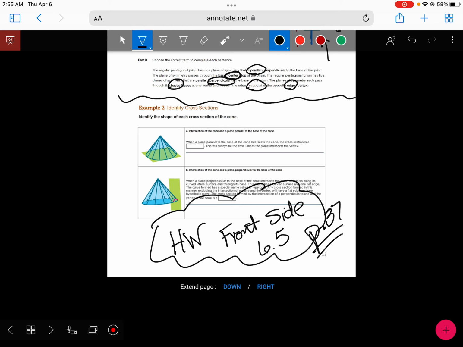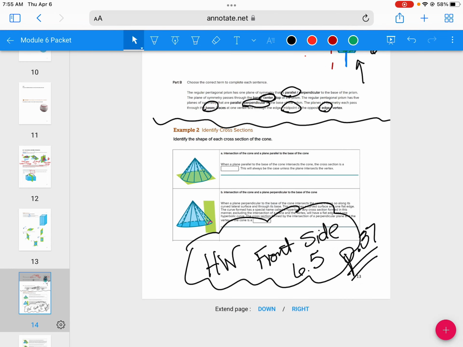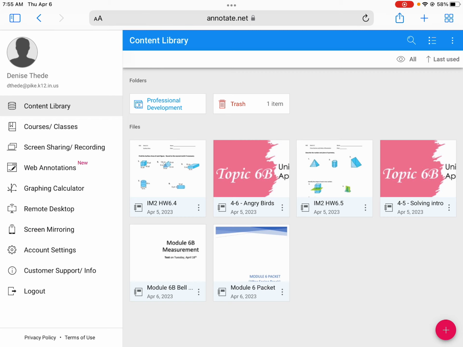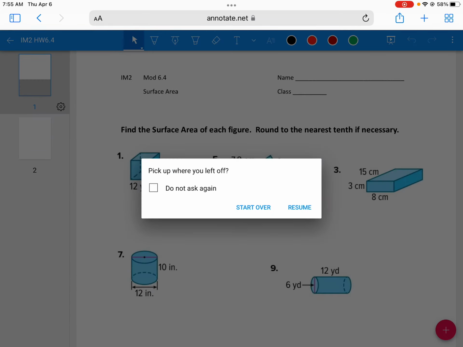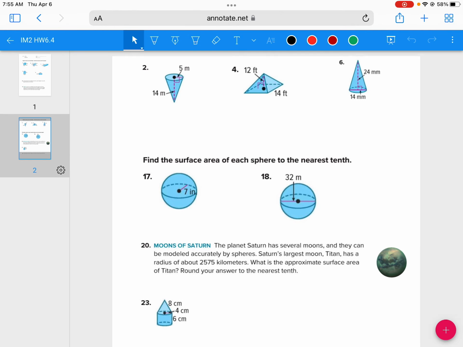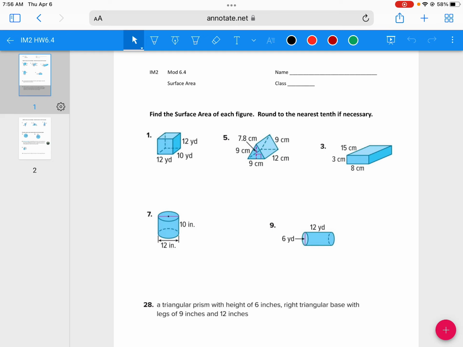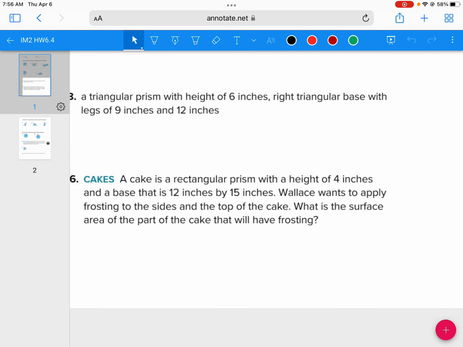Does anybody have any specific questions on page 39 or 40? Anybody? Number 36. Okay.